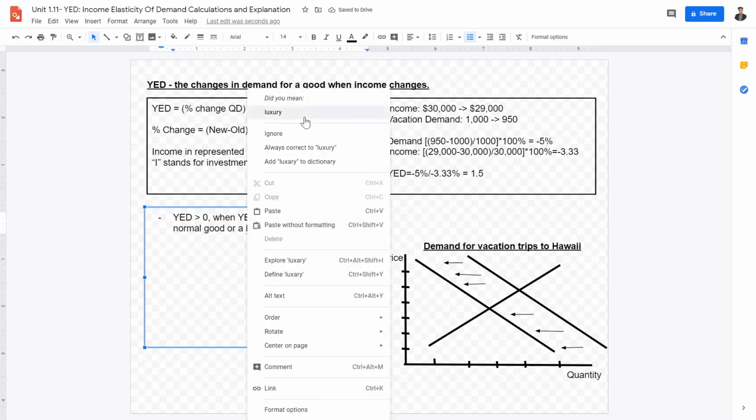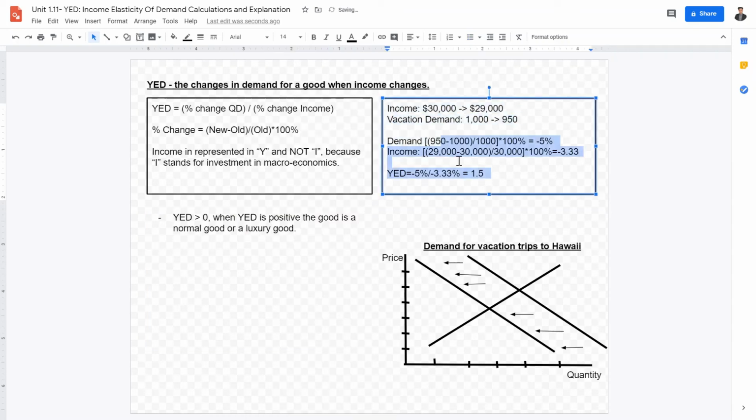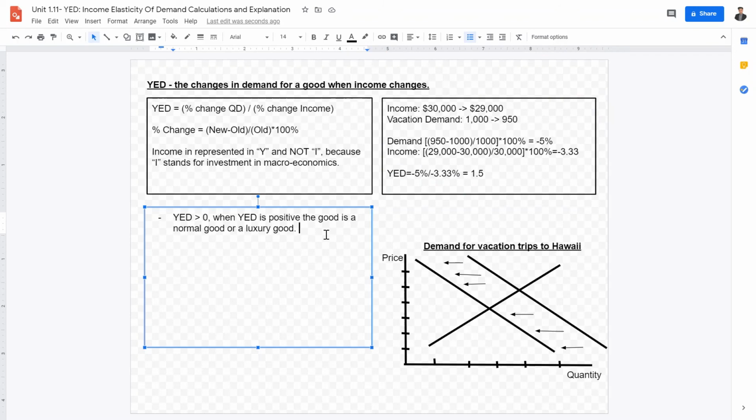Okay, so from this vacation trips to Hawaii example, we see that the YED is a positive number. It is a 1.5. So therefore, we could deduce that vacation trips to Hawaii is actually a normal good, or in this case, a luxury good.